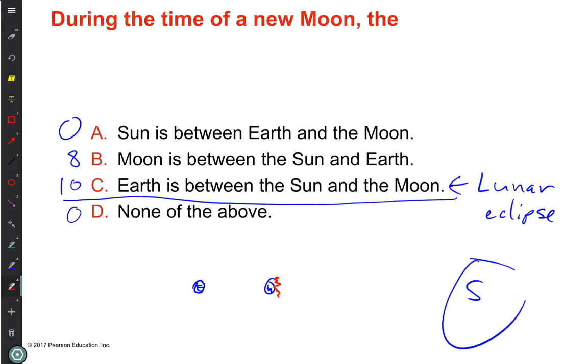Why don't we have a solar eclipse every time there's a new moon? And Brandon answered this. Because we're rotating. Now, your answer has some reasoning to it.